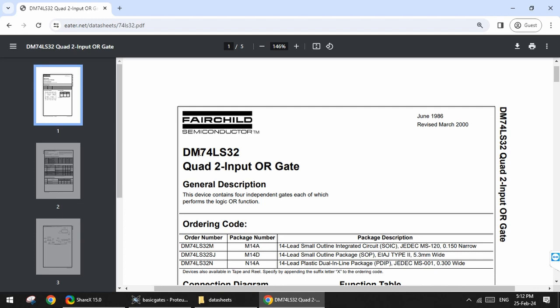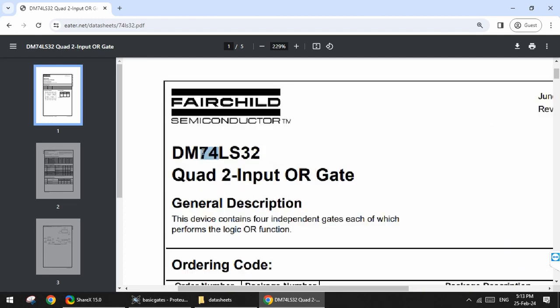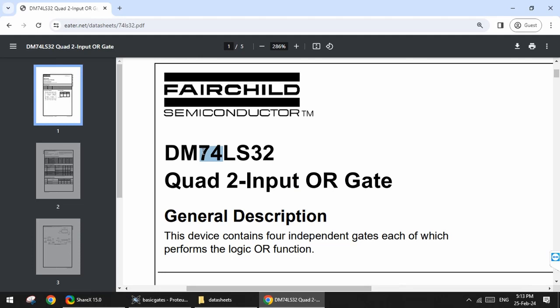DM74LS32. DM, the first two alphabets, are usually for the manufacturer; they denote the manufacturer. 74 is an identifier which shows that the IC belongs to the commercial TTL series.